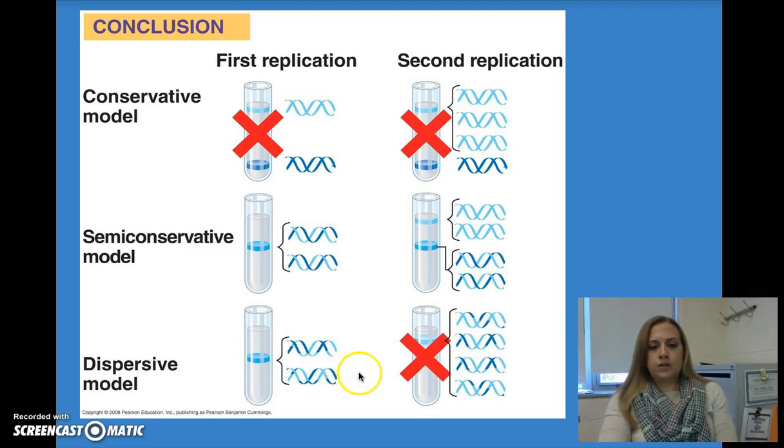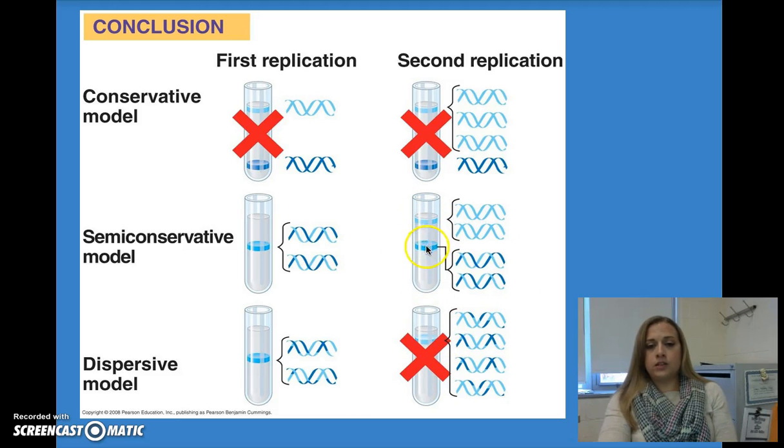With the dispersive model though, when you kept growing this bacteria in the lighter nitrogen, what would have happened is all of the nitrogen would have become lighter, or I'm sorry, all of the DNA would have become lighter, because of how it's all growing there, and that old nitrogen, the heavier nitrogen, is just getting mixed up randomly. What we actually found though, this was not correct.